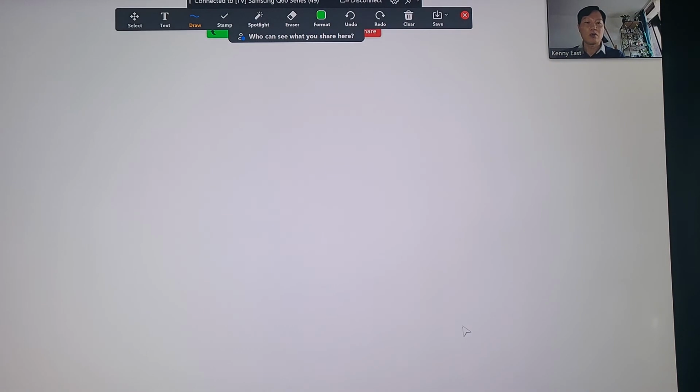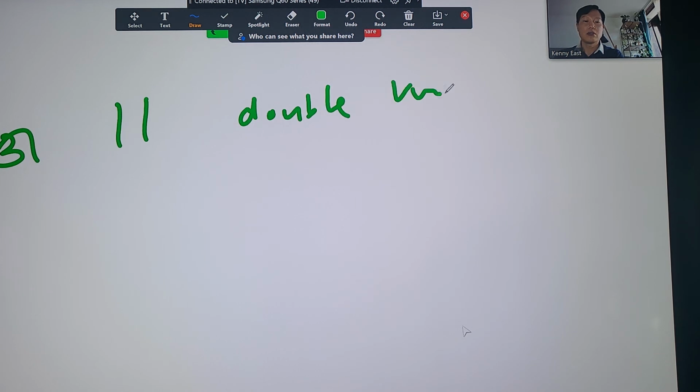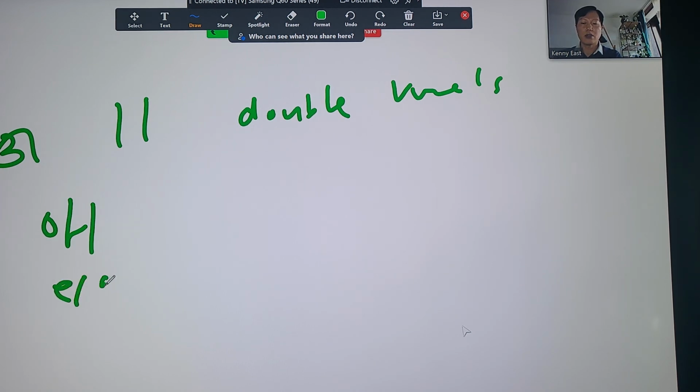So before I finish the first lesson, let's recap again the 11 double vowels as well. So double vowel, we learn the first one, A sound, right? We learn this one as well, yeah sound, right?